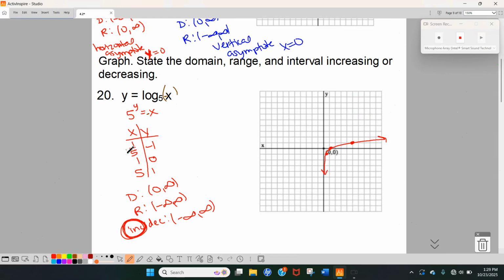So you'd have to divide by a negative, and so it'd be -5 to the y. So we would still be getting negatives and it would still make the same graph. So never mind about that.